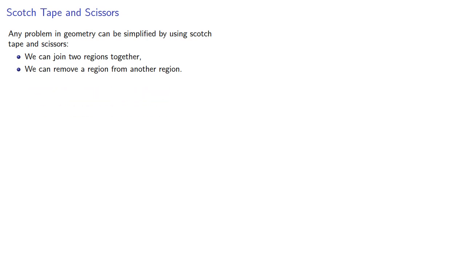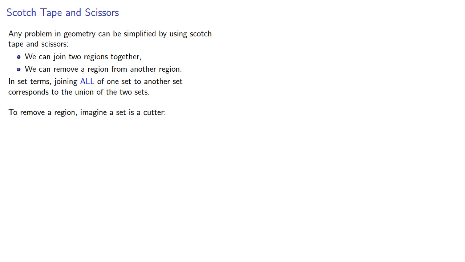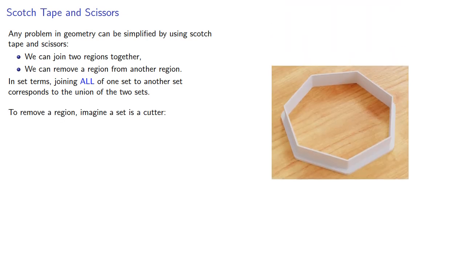In set terms, joining all of one set to another set corresponds to the union of two sets. That's our Scotch tape. And to remove a region, that's a little bit more complicated, but imagine a set is like a cutter. Intersecting with a set removes everything that isn't in that set.